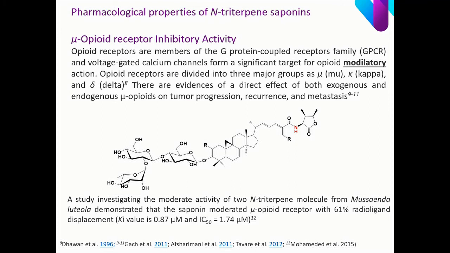There is evidence of direct effects of both exogenous and endogenous mu opioids on tumor progression, recurrence, and of course metastasis in the human body.